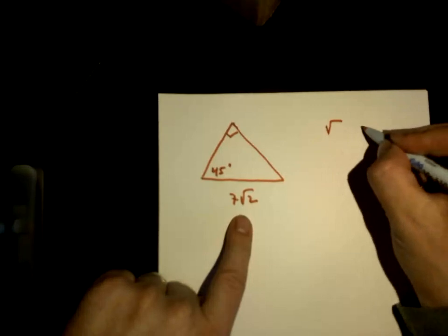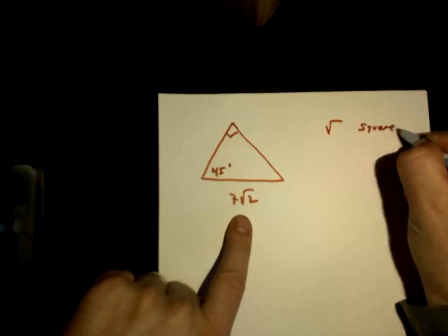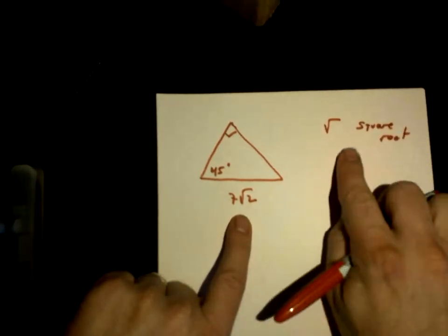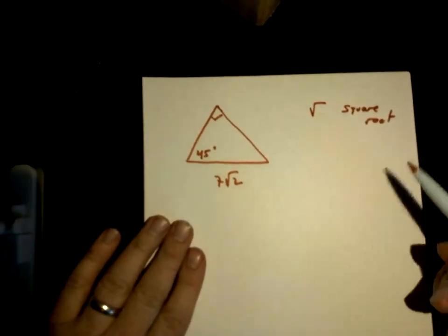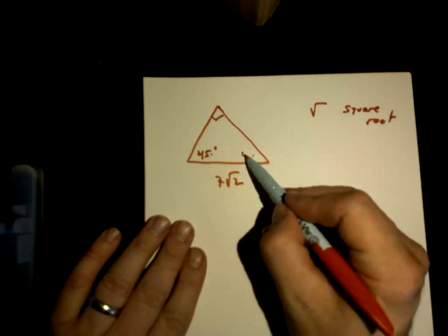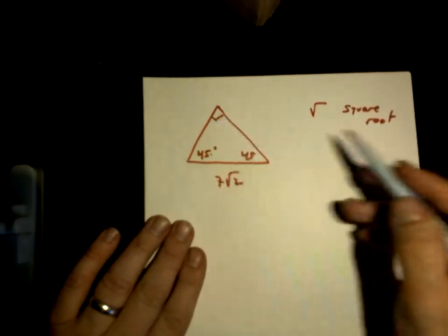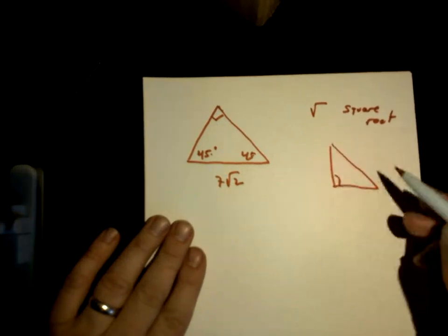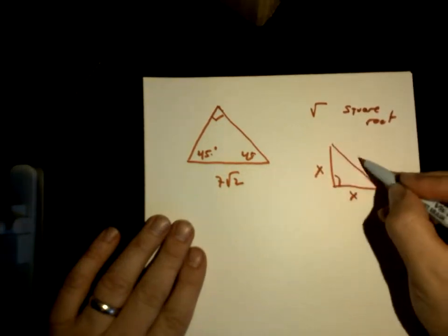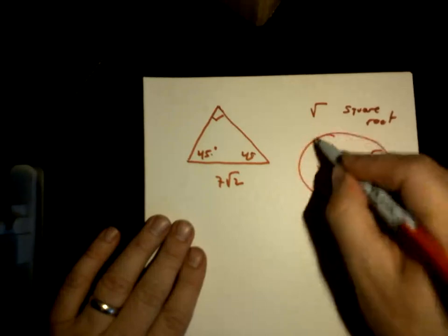Remember that this is called the square root. So here we go. 45, 45. You've got the little layout, so you might want to do this on your paper somewhere. This is x, x square root of 2. Okay.